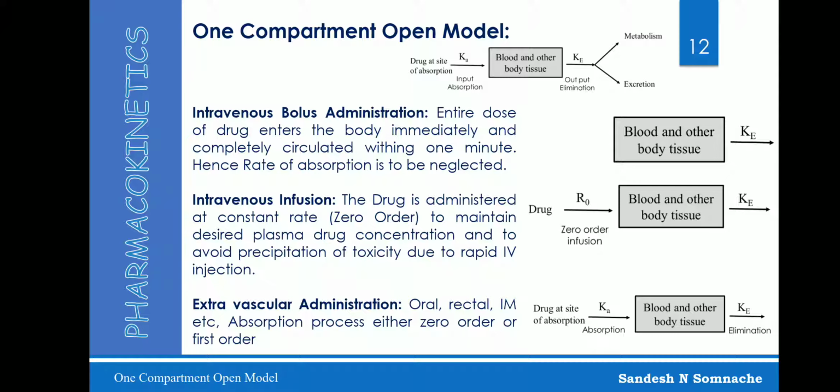In case of certain drugs, toxicity may arise due to instantaneous or rapid administration of drug, or in case of some drugs, the plasma drug concentration has to be maintained for a longer period of time. In that case, intravenous infusion is used.